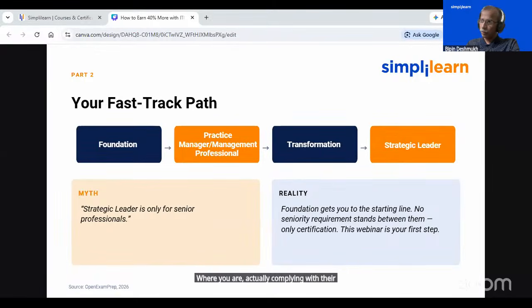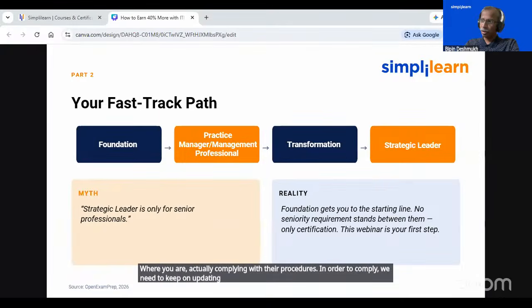In order to comply, we need to keep updating our processes, products and services, which is a continual part of it, not only gathering it, but actioning it out.